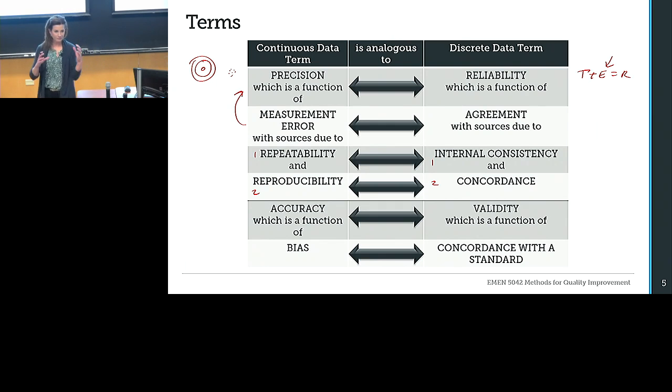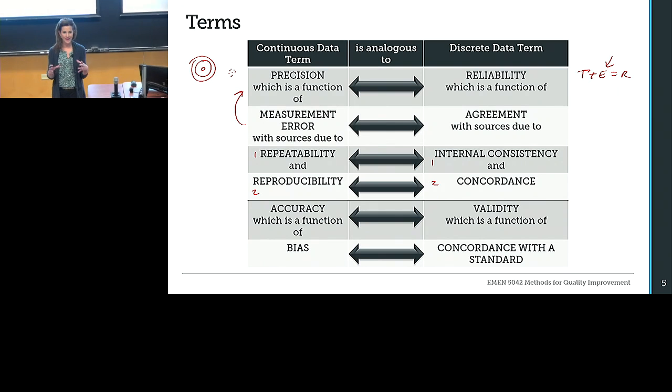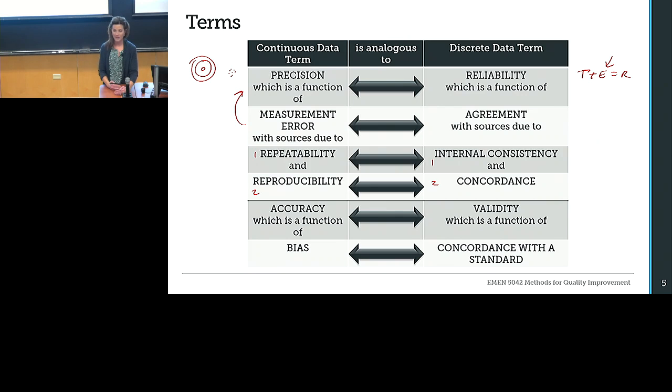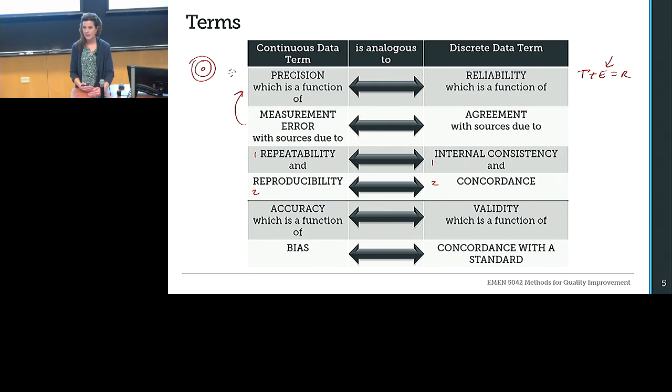So let's say Lavi has some items that she's evaluating for good or bad, and she has 10 items. The first time she looks at them, she says items 1 through 5 are good, and items 6 through 10 are bad. Then I mix everything up, randomize it, and give it back to her. We would hope that she gives the same results, right? 1 through 5 are still good, and 6 through 10 are still bad. That would be an indication that she had perfect internal consistency.